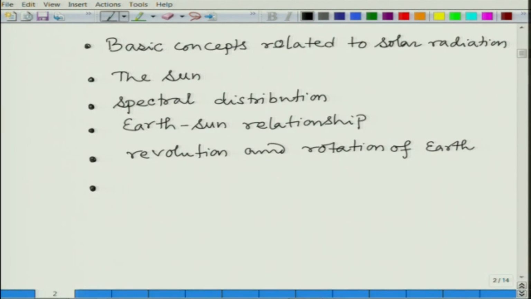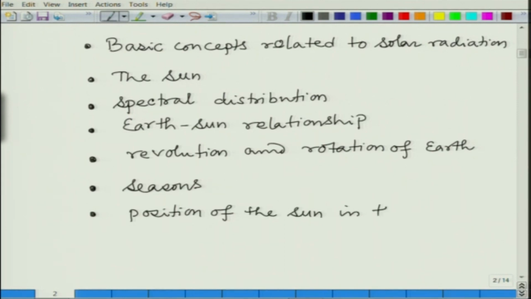Okay. Now, we will talk about the seasons and the position of the sun in the sky.